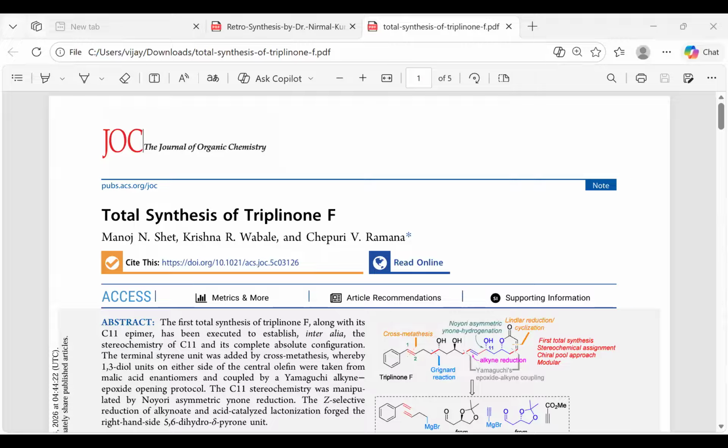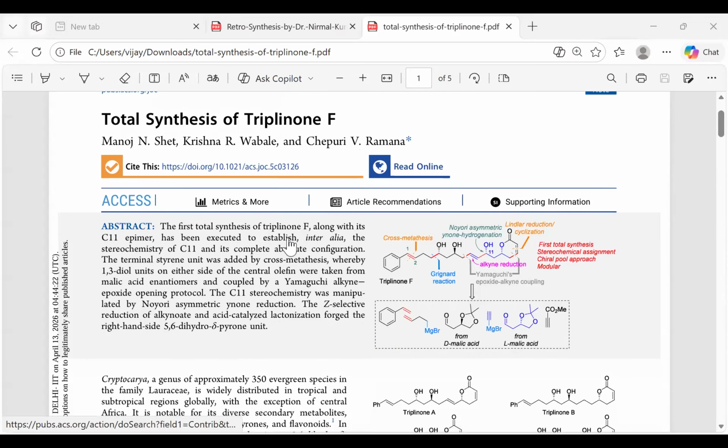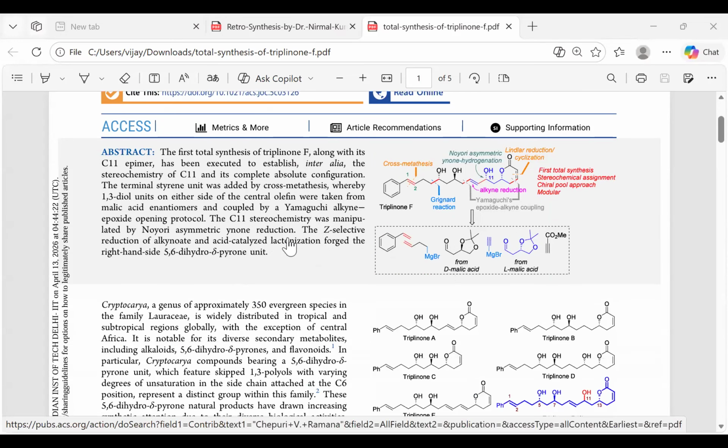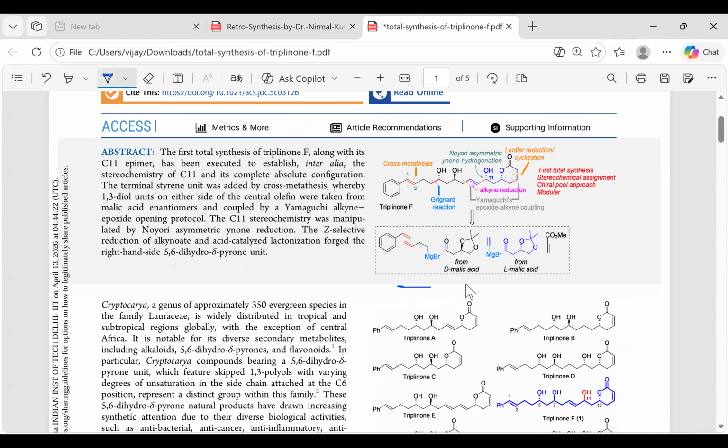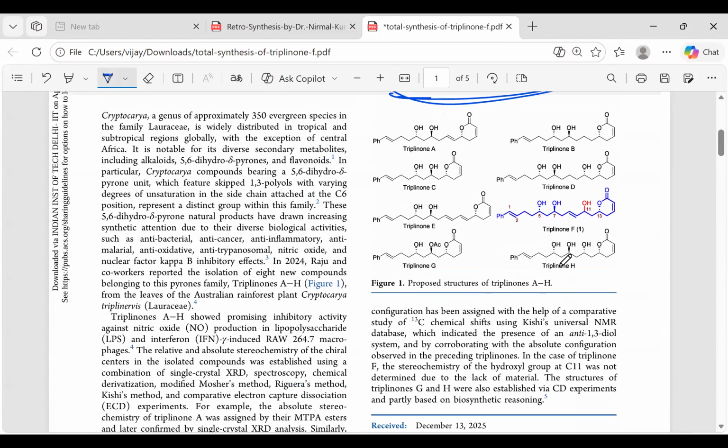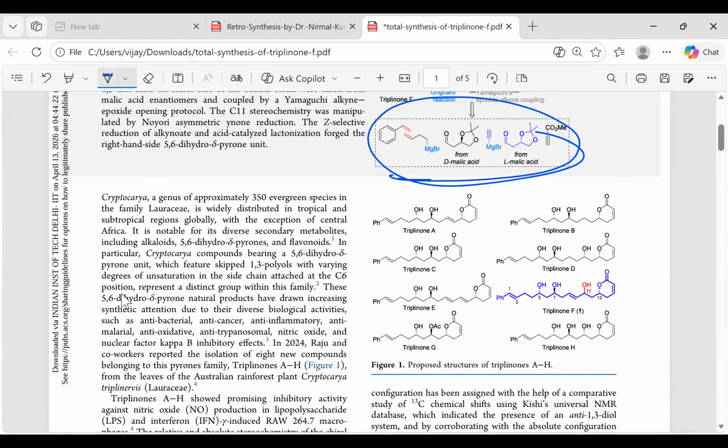Okay, so this is a paper they have recently published, and you can see here in the paper these are the different fragmentations they did, as I have also mentioned. These are basic cores of this tropolone molecule present in different tropolones, either tropolone A, B, C, D, and these are biologically active molecules I think.